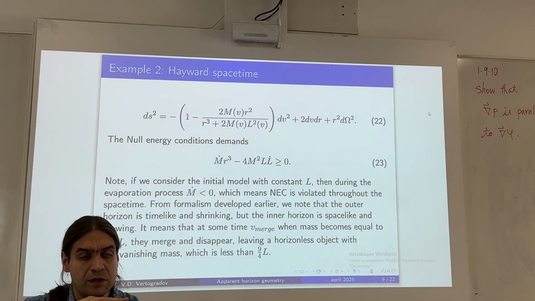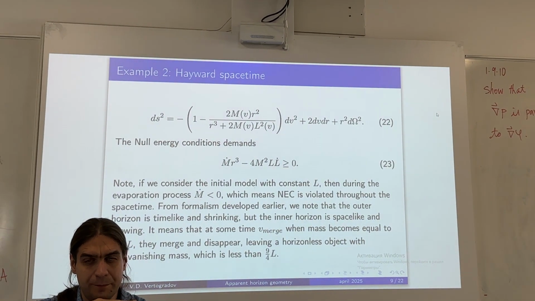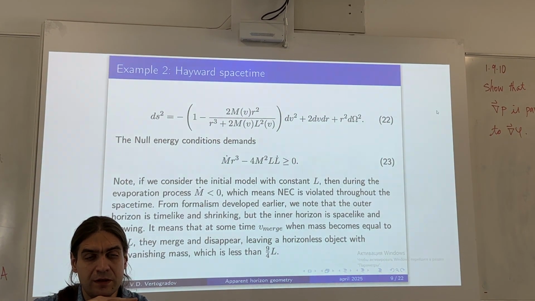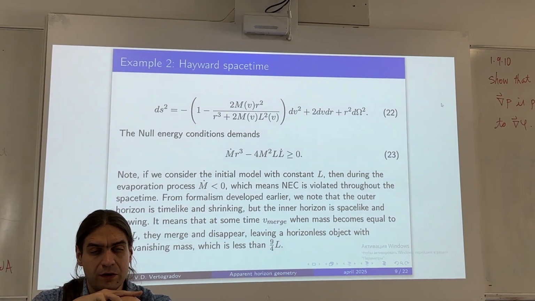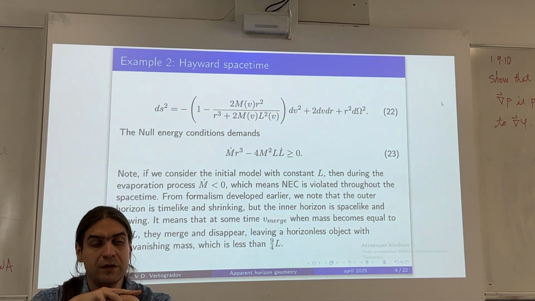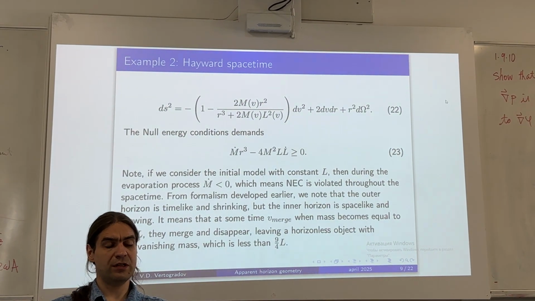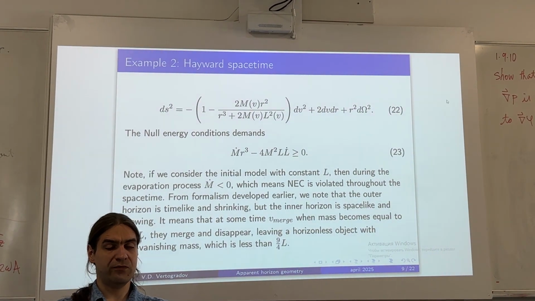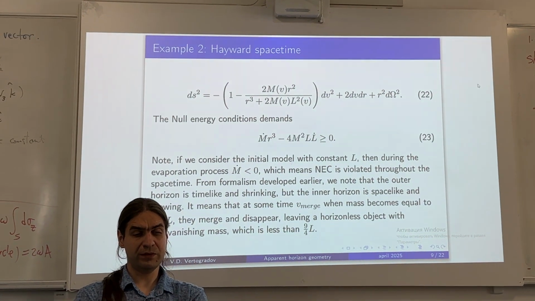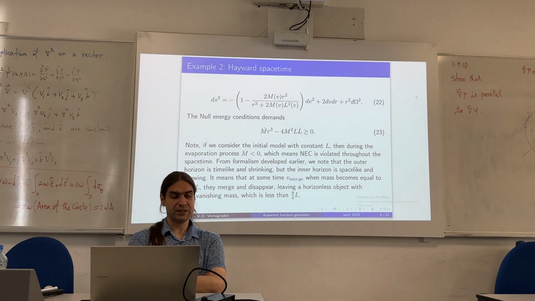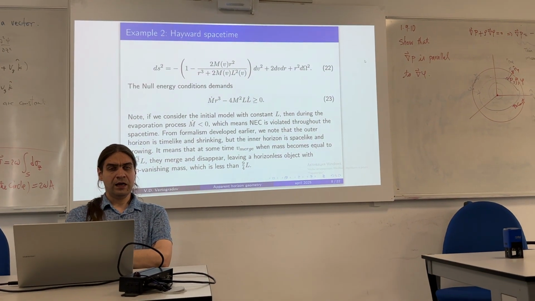Of course, there is one very big problem here, because in this scenario the extremal configuration will be reached at some finite value of time v. We will always find this time v when the two apparent horizons merge.